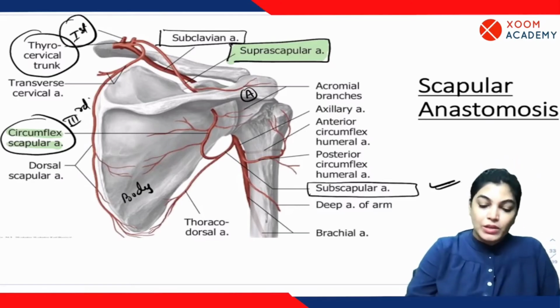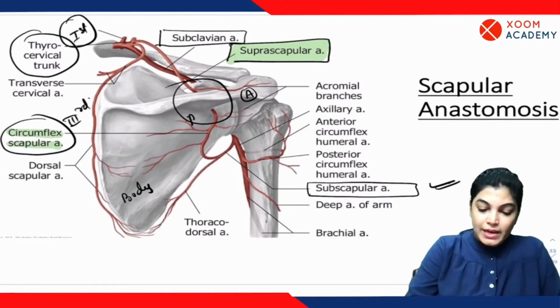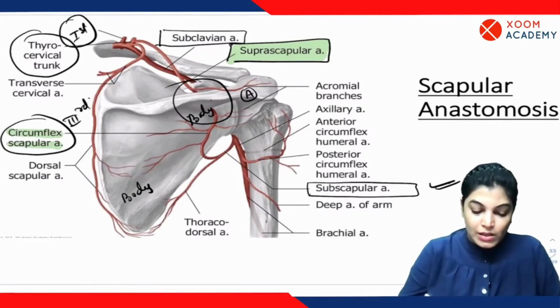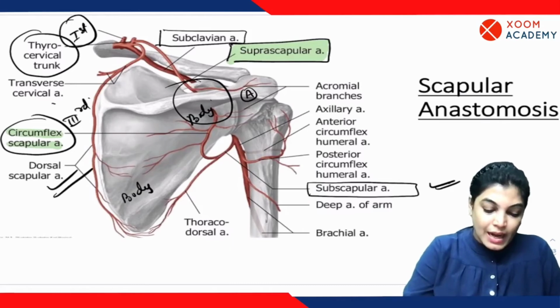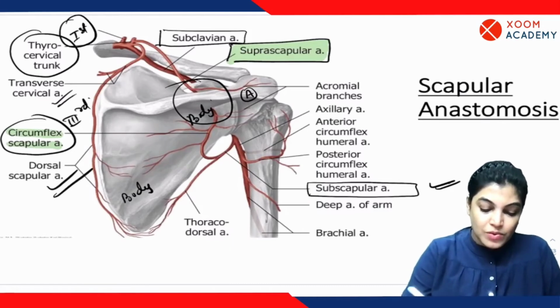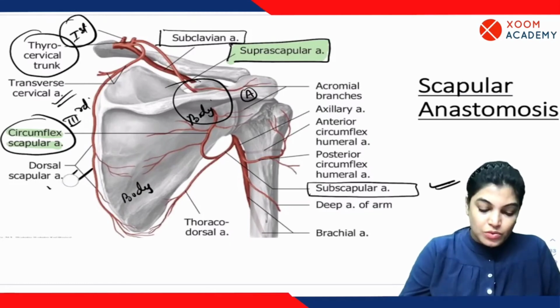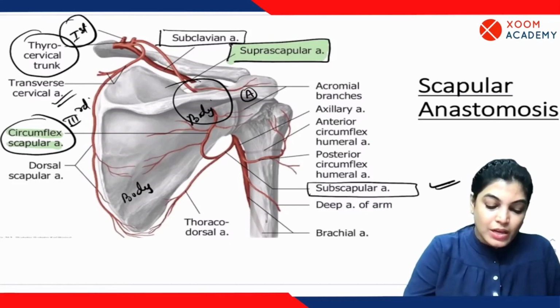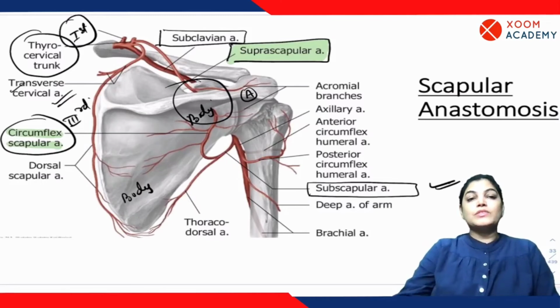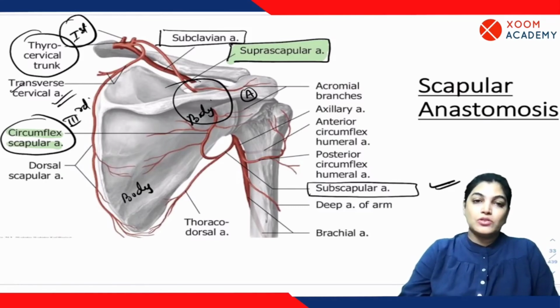So, this is an important anastomosis taking place at the body of scapula. Also, the branches from the transverse cervical artery, which is also a branch from the thyrocervical trunk, from the first part of subclavian artery, contribute to the formation of anastomosis.